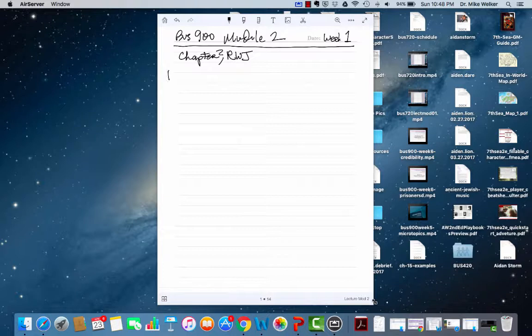And first, let's do an overview. Accountants typically prepare 4 types of financial statements. There might be more for some other purposes, but for our purposes, we want an income statement.